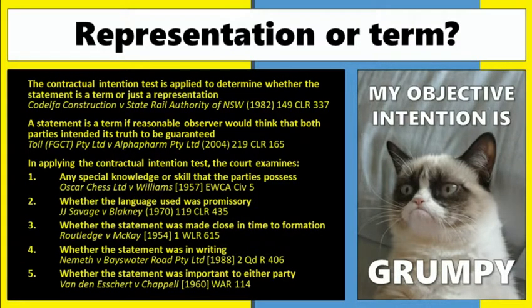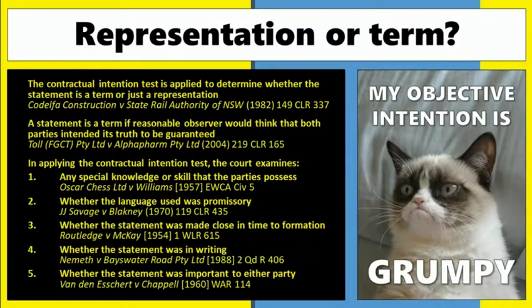And so when trying to examine a particular statement, to determine whether a reasonable observer, this idea of this objective test of using a reasonable person test as part of this process, we are trying to look at whether or not each of the parties intended for this particular statement or representation to have weight, to have its underlying truthfulness guaranteed. And if it turns out not to be true, the other party would be able to seek a contractual remedy as a result.